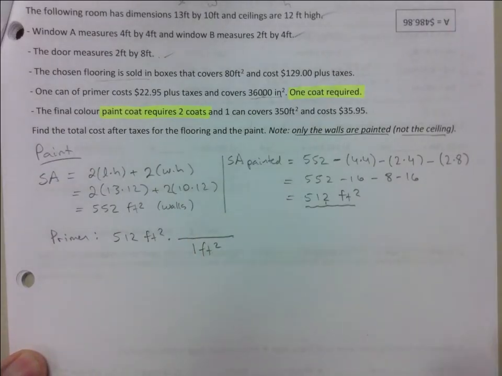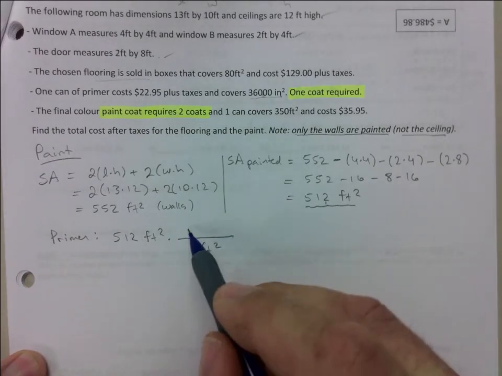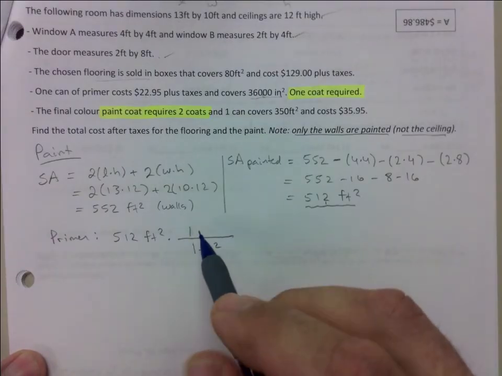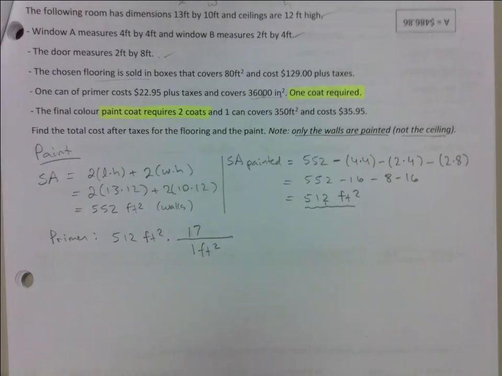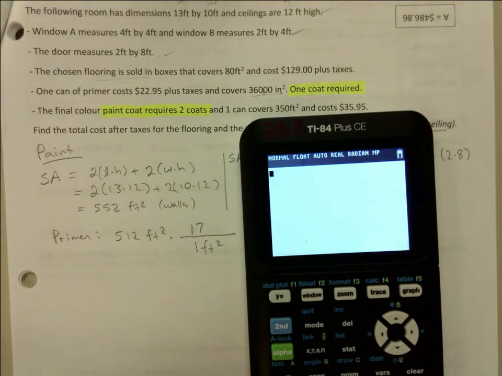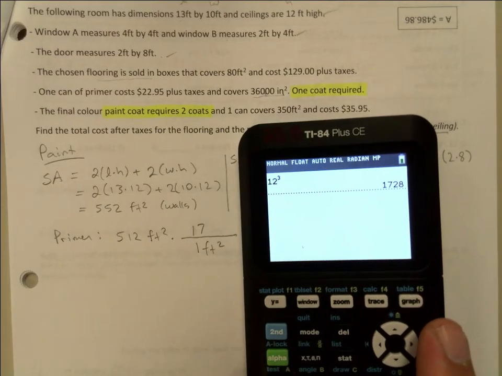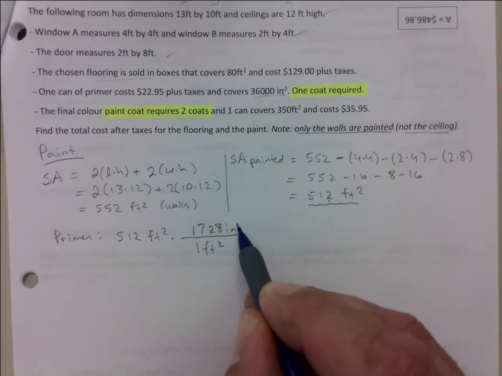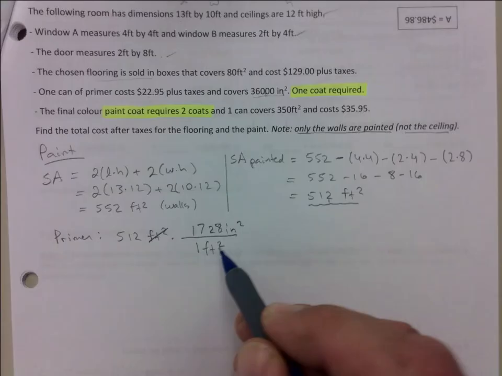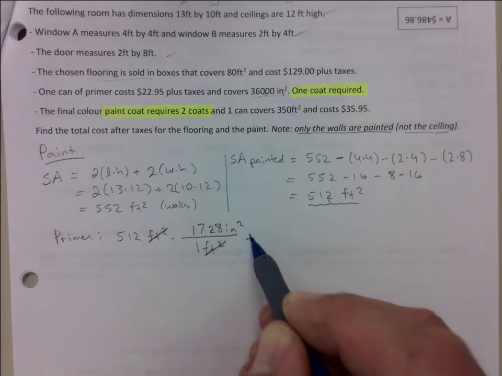You got to go 12 times 12 times 12, which is 1,000, help me out here, 728? I probably did it differently. So all you do is you grab your calculators, you go 12 to the power of 3. Yeah, 1728. And I know my key probably has it differently. That just goes to show that it doesn't matter how you do it, right?